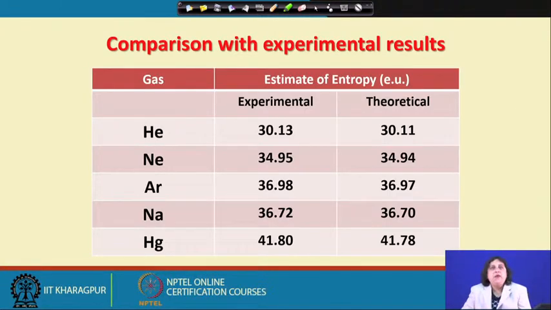And finally, if one compares the estimated values of entropy as obtained from the Sackur-Tetrode equation to the ones obtained experimentally, as you can very well see from the data presented here, there is an astonishing agreement between the theoretical prediction and the experimental results. So, this brings us to the conclusion that the formalism that we have proposed through molecular thermodynamics or statistical thermodynamics is actually an accurate one.